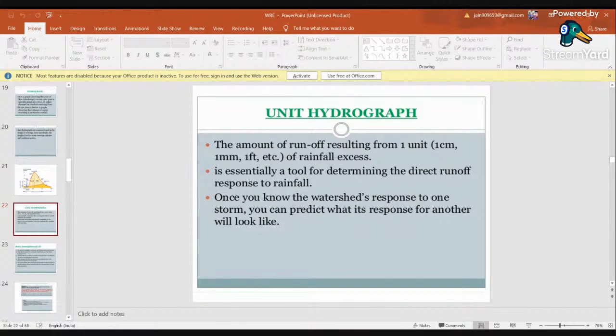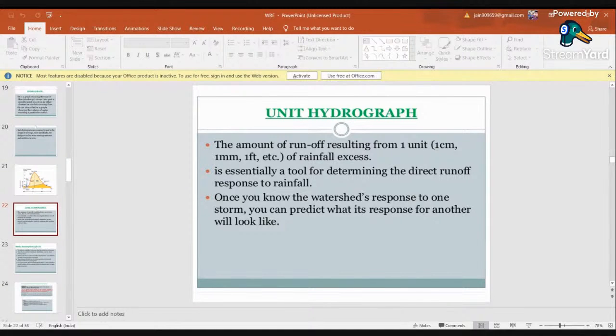A unit hydrograph is the amount of runoff resulting from one unit, that is 1 centimeter or 1 mm or 1 foot, of excess rainfall. Or in other words, a unit hydrograph is a natural or synthetic hydrograph representing 1 centimeter of runoff uniformly for the watershed during a specified time.